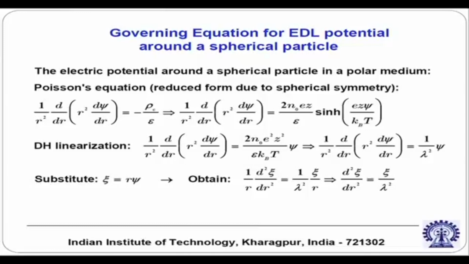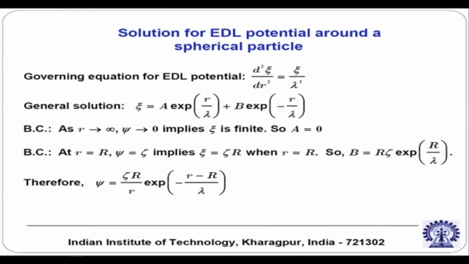A new variable was introduced, equal to r times psi, where psi is the potential distribution, and that gave rise to the general solution of the following form, which is given in the last equation of this slide.